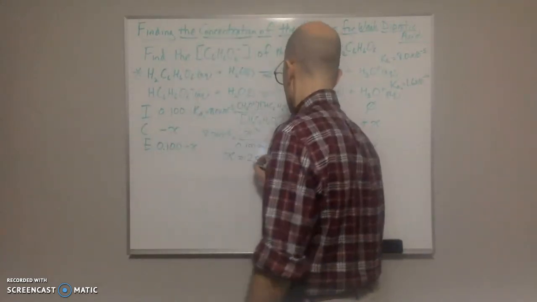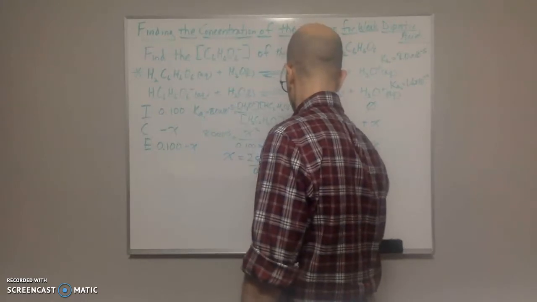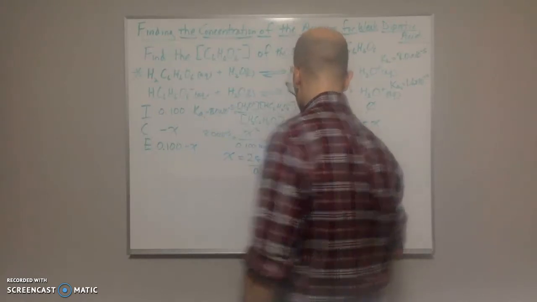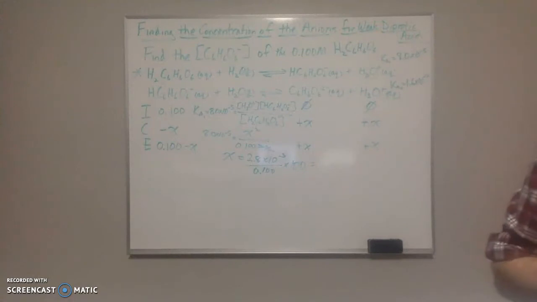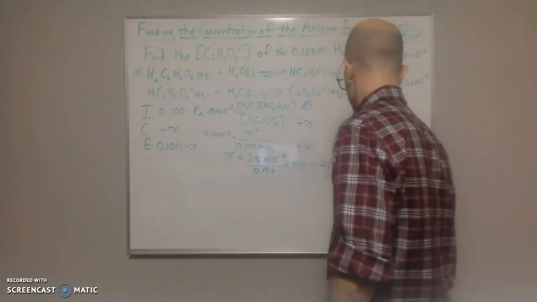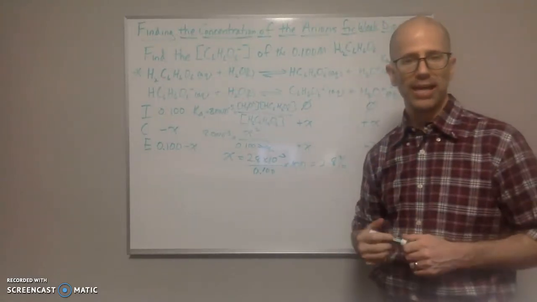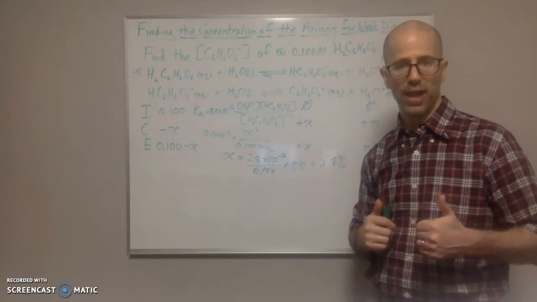If we divide this by the original concentration and multiply that by 100, we get a percentage of 2.8%. So 2.8%, that's less than 5. So the X is too small approximation is valid.